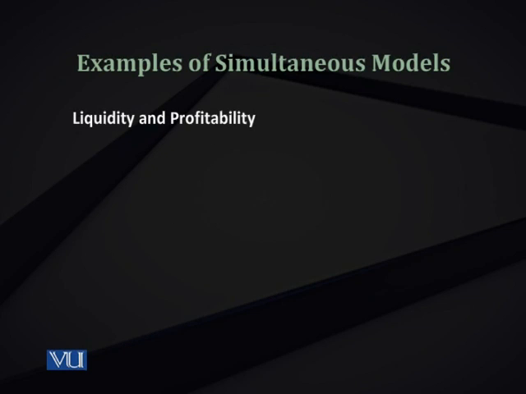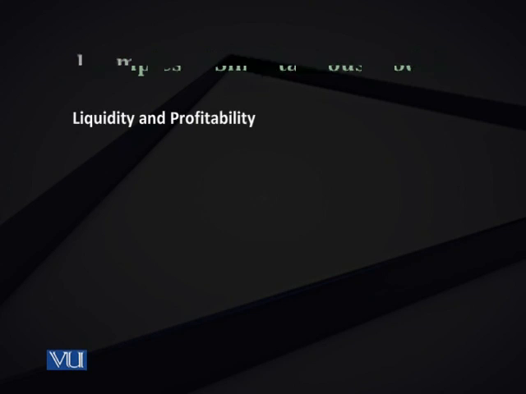Similarly, you have other models. As a business student, you can consider liquidity and profitability, which may be thought to be interdependent. So if you are going to analyze the relationship of profitability and its determinants, what determines the profitability of an organization, you choose some variables. For example, you choose return on assets or return on equity as a proxy, as an indicator of profitability.